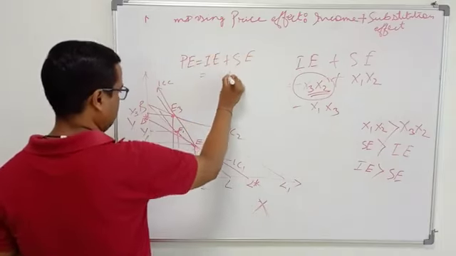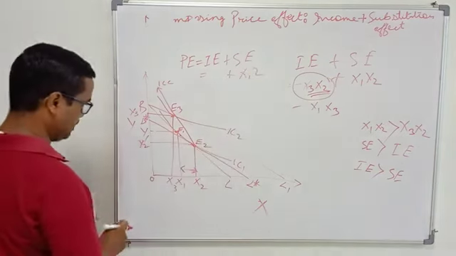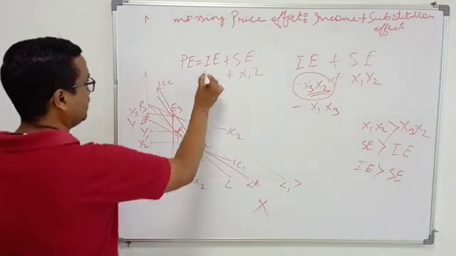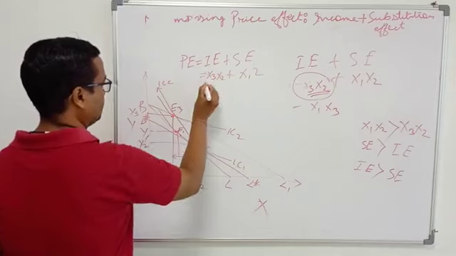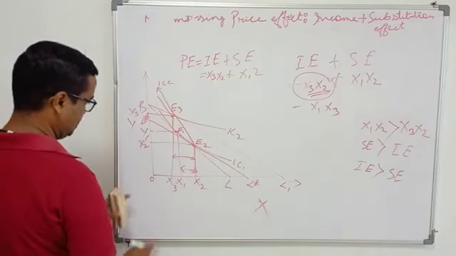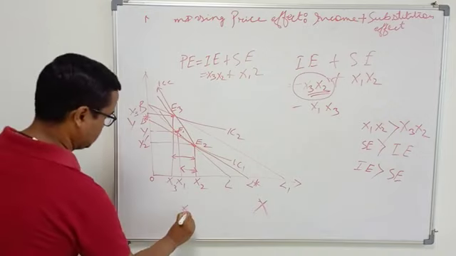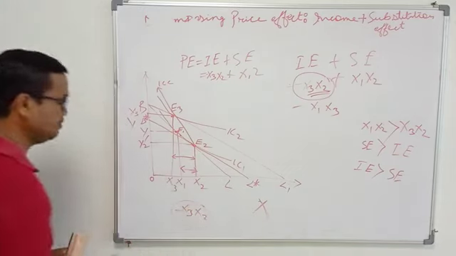The substitution effect is X1, X2. The negative income effect is X2, X3, or we can write X3, X2, with a minus sign. The consumption of X is reducing from OX2 to OX3, so this much X3, X2 amount is the negative income effect.